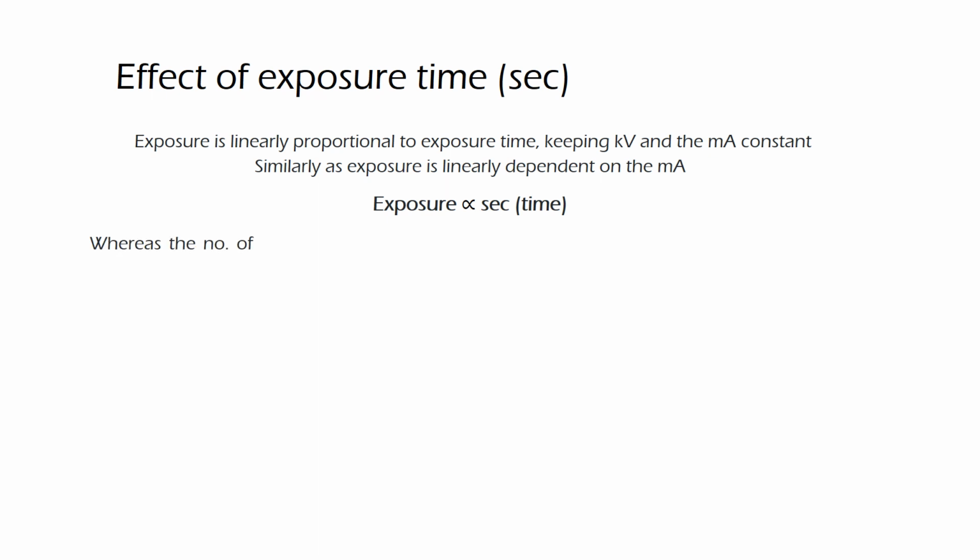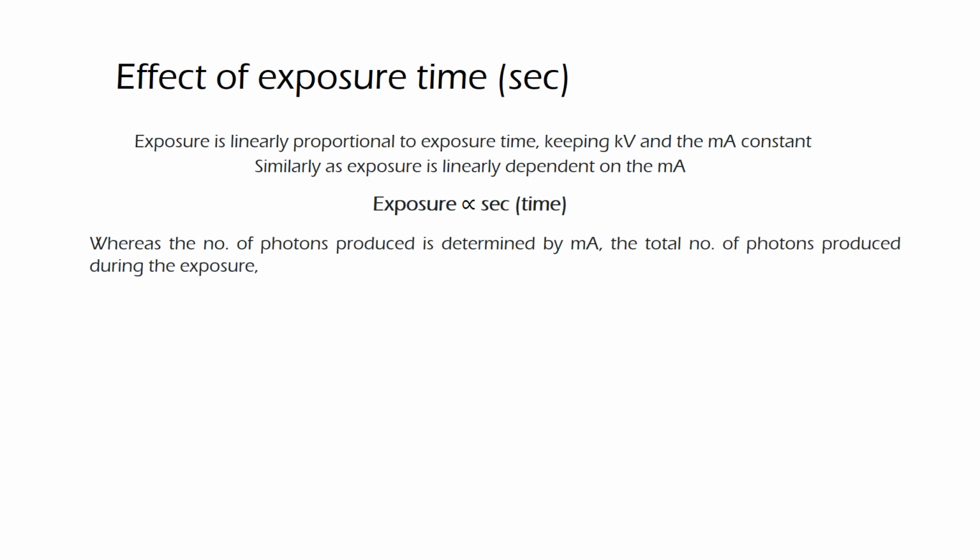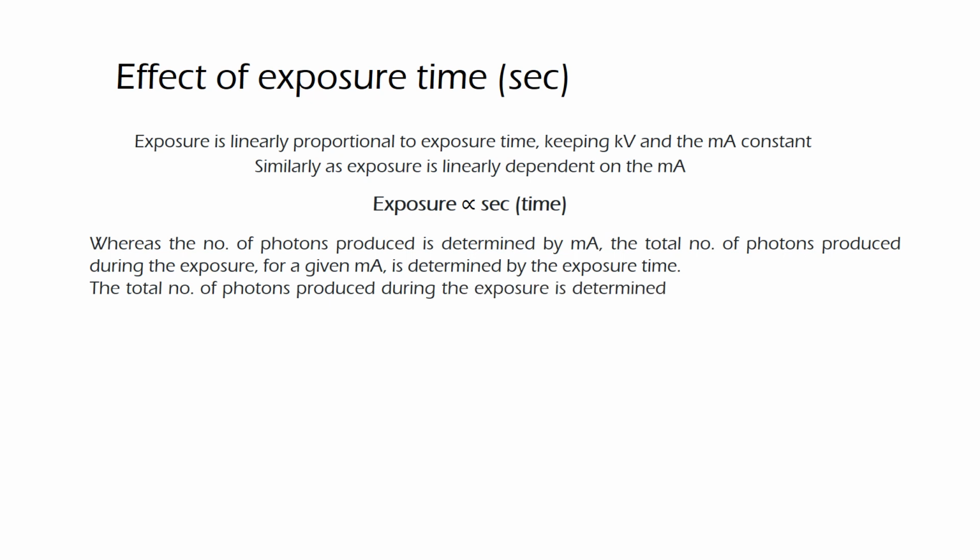Whereas the number of photons produced is determined by MA, the total number of photons produced during an exposure for a given MA is determined by the exposure time. The total number of photons produced during the exposure is determined by the product of MA, tube current, and seconds, exposure time.